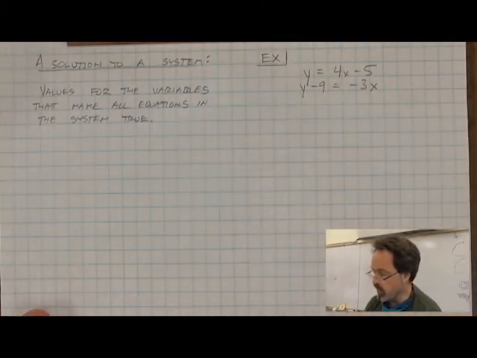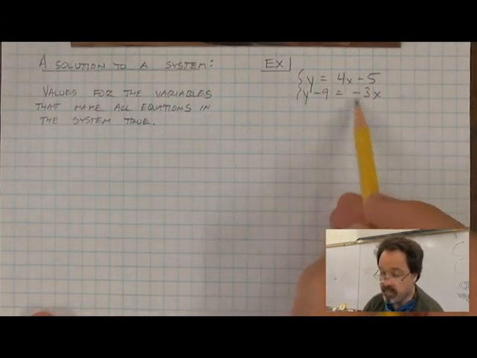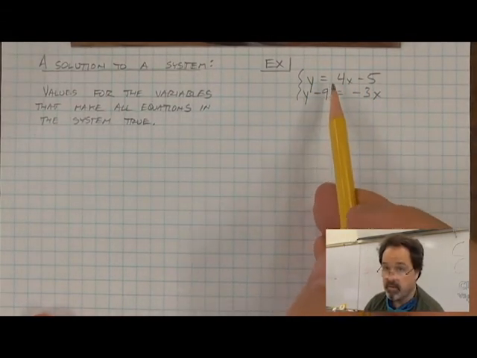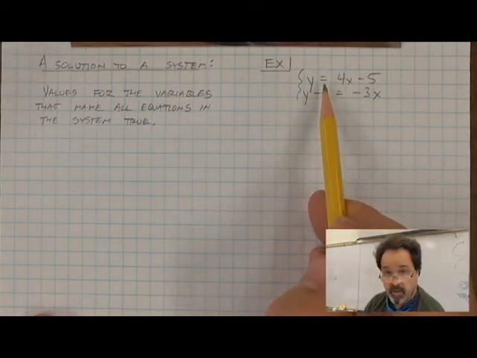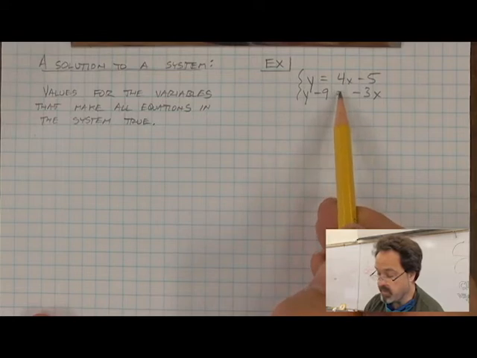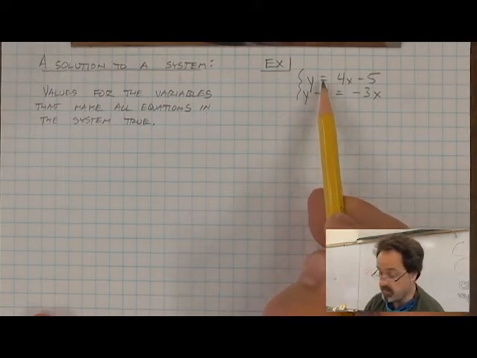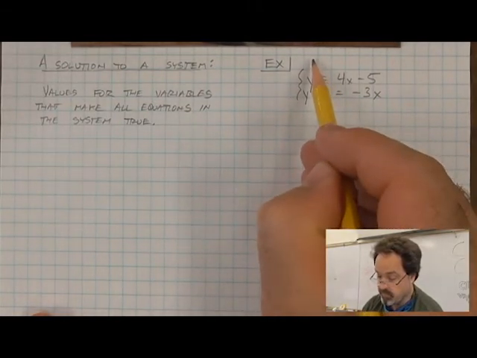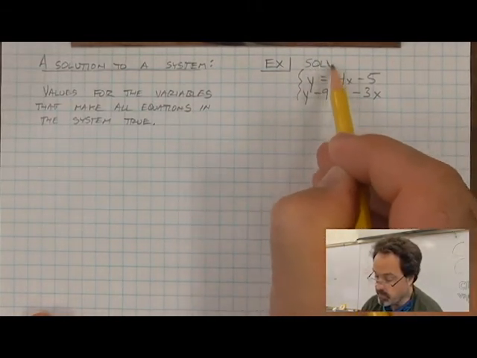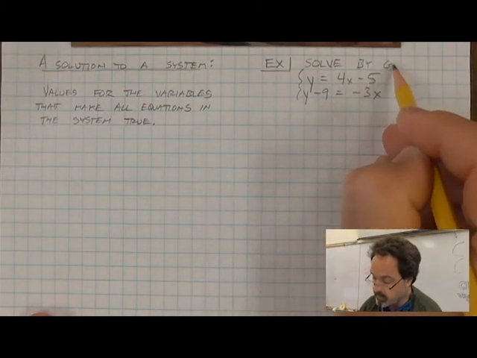And if I put a bracket that groups these equations together, I can be clear that I'm thinking of these equations at the same time, and the solution then would be finding values for the variables x and y that make both equations true at the same time. So the direction for our example would be to solve by graphing.